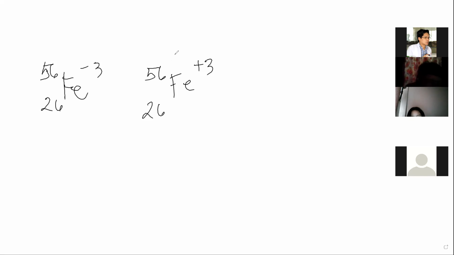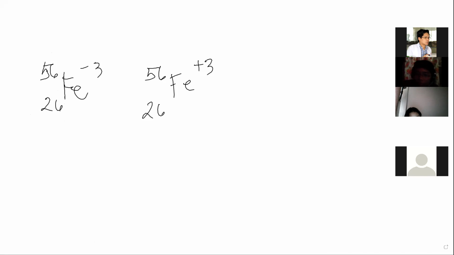Okay. If you're going to look at it, this is the correct way of writing it. The lower part of the element is called your atomic number. The upper part is your atomic mass. Okay. We choose 56.